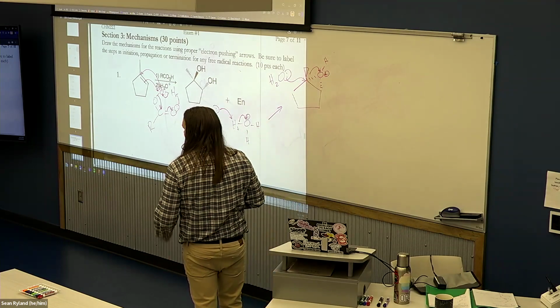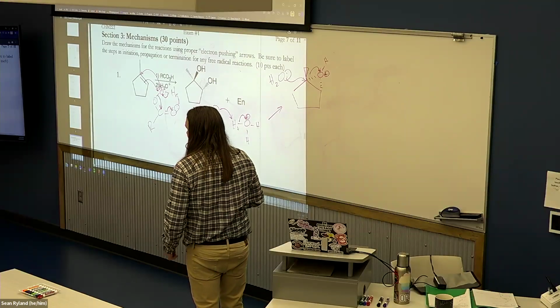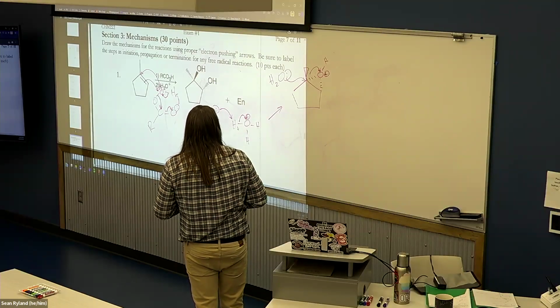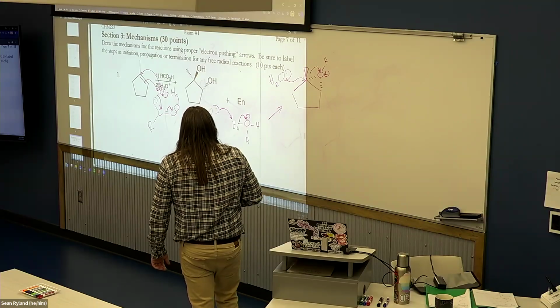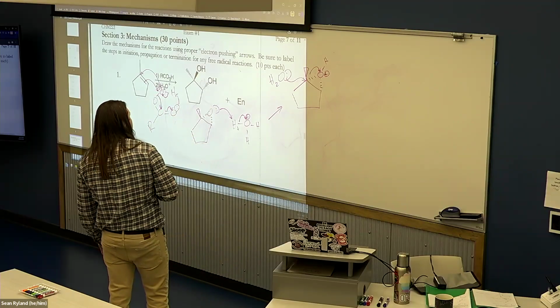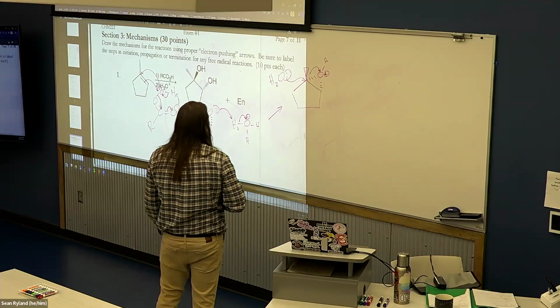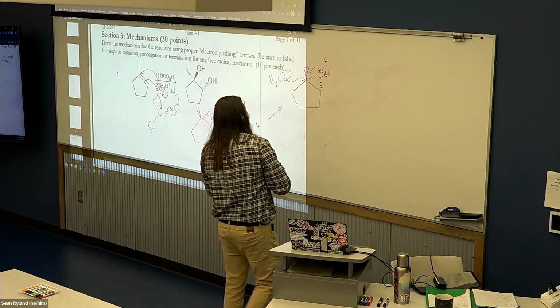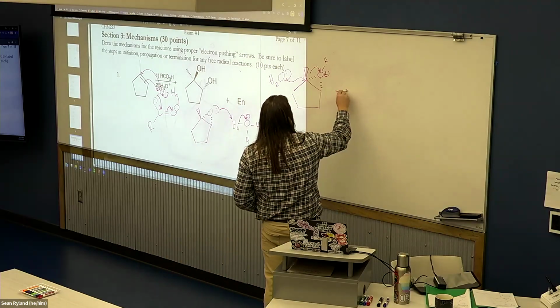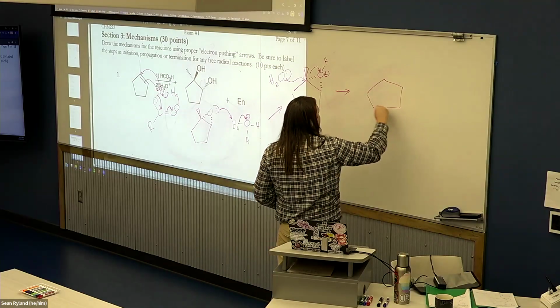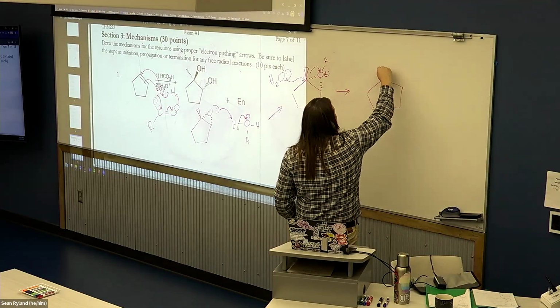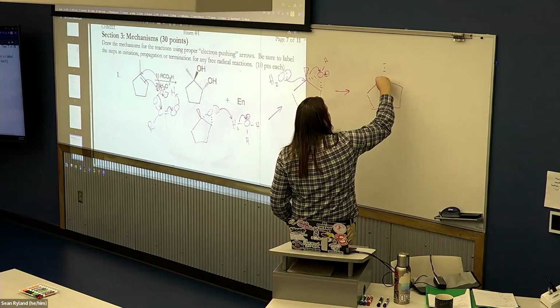Now it'll match the right stereochemistry in our final product. So that gets us our anti-addition. So now our methyl group is down.